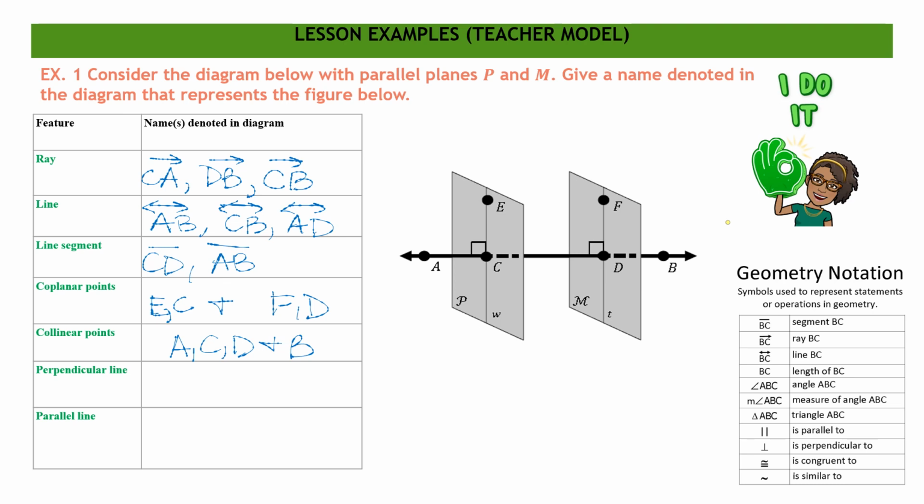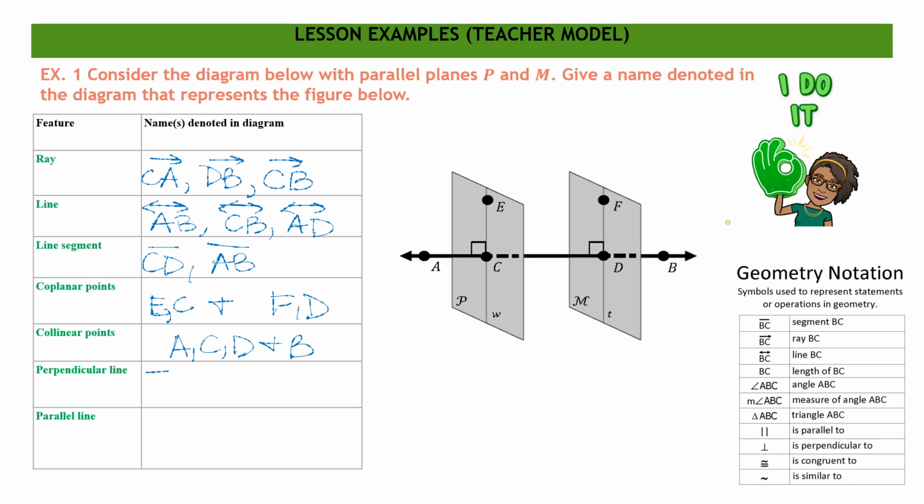Perpendicular lines. So remember, perpendicular lines are 2 lines, 2 rays, or 2 line segments that intersect and create a 90-degree angle. We have 2 examples of those. We have line segment EC, and that intersects with ray CA. So how do we denote that?